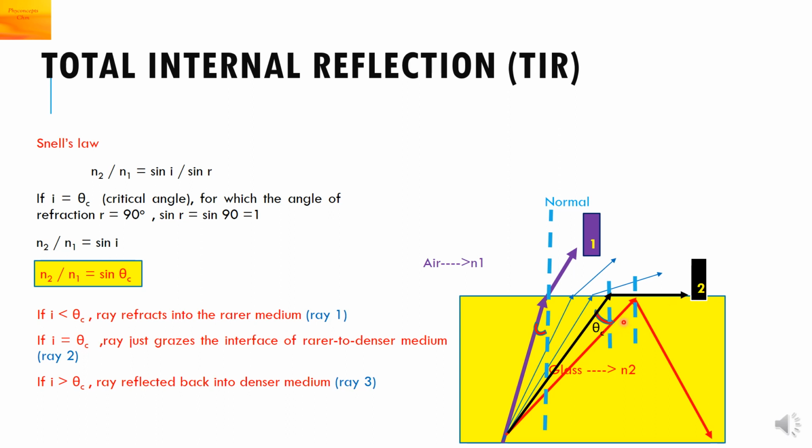And when the angle of incidence goes above the critical angle, the ray is not refracted outside but is returned back into the denser medium. This is ray 3. In the same way, as you go on increasing the angle of incidence beyond the critical angle, the ray is reflected back into the denser medium.